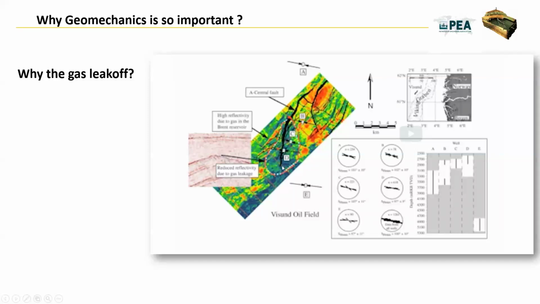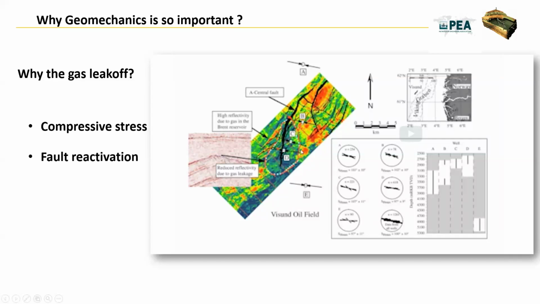Here you see not the same stress characteristics and not the same stress orientation. The hydrocarbons have now leaked out because of this fault reactivation, the result of a natural geological process. So we can start talking about compressive stress reactivation.